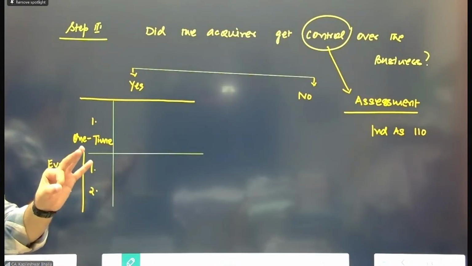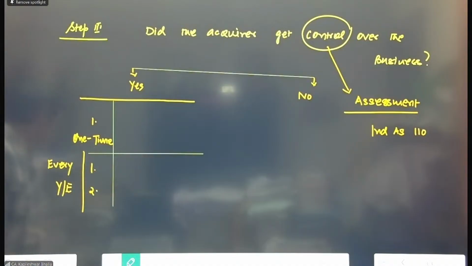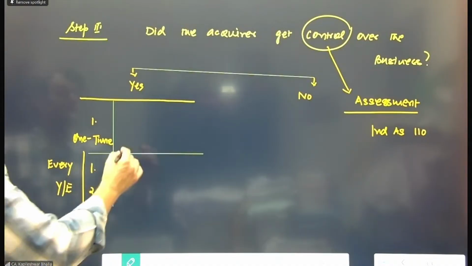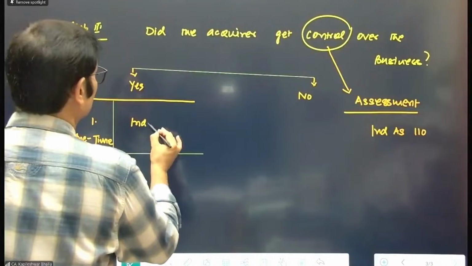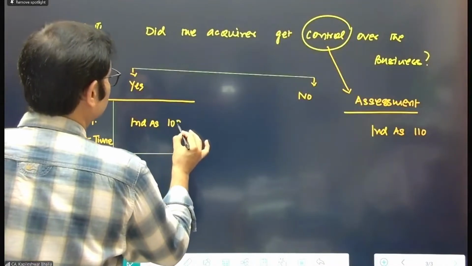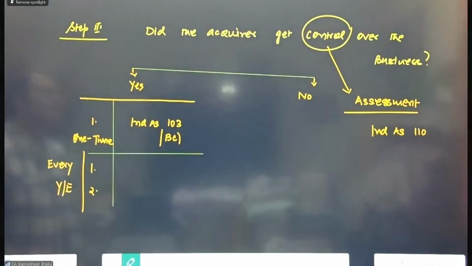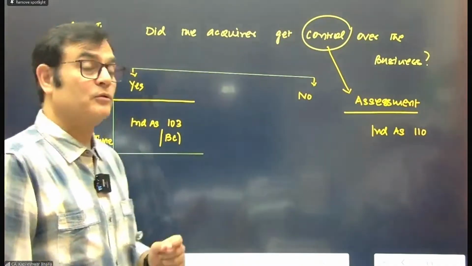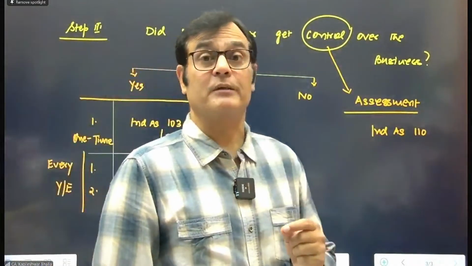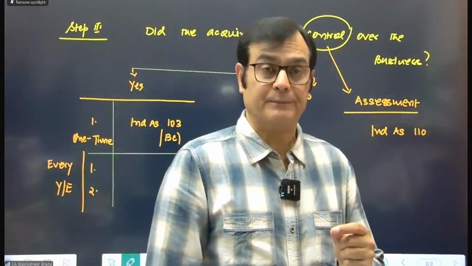The standard which is going to apply only once is Ind AS 103, which is business combination. And that's what our starting point is going to be today. We are going to go through the concept of business combination, Ind AS 103.